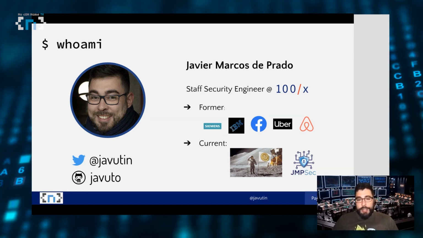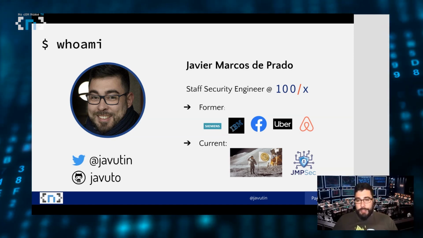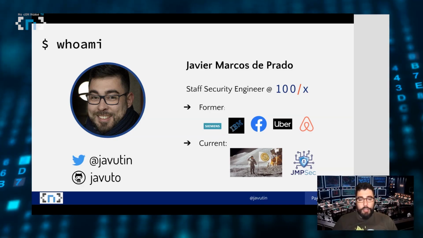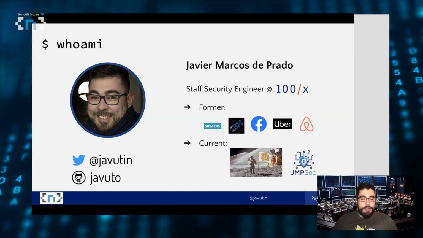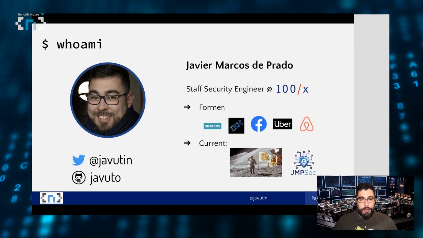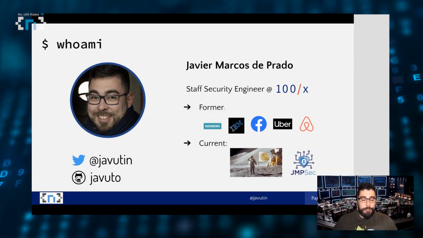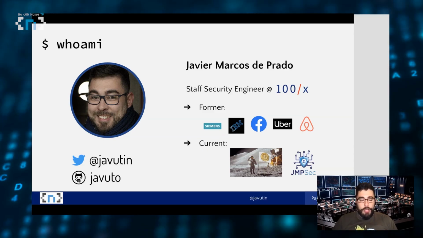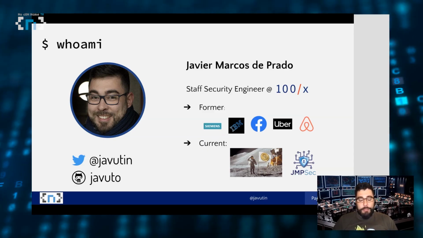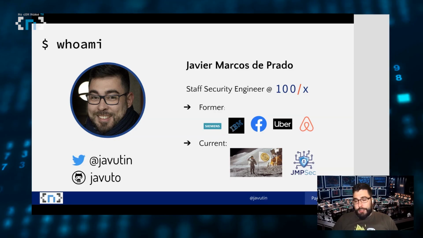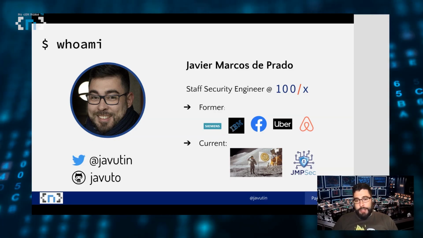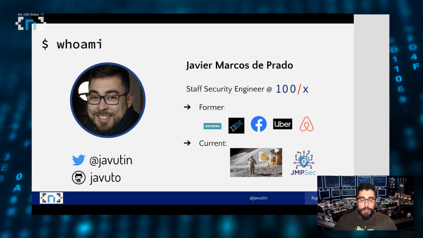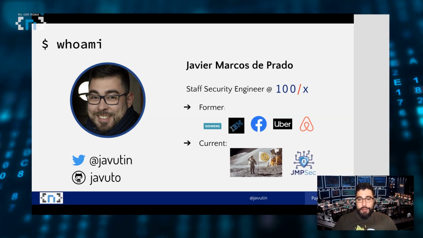Currently I work as a staff security engineer for an investing group called 100X. I've worked at different tech companies such as IBM, Facebook, Uber, and Airbnb, where I mostly developed and implemented detection infrastructure and production monitoring systems, basically how to monitor thousands or millions of machines while being very efficient with the resources.